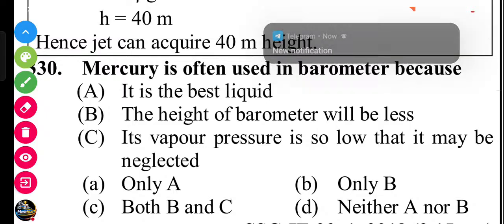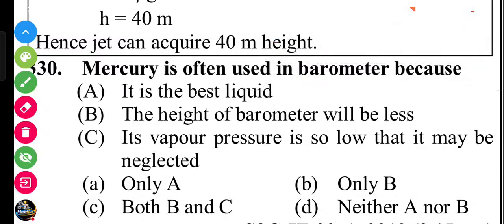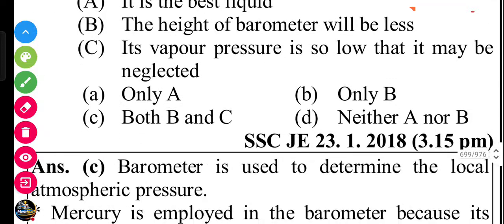Next question, friends. Mercury is often used in the barometer because it is a heavy liquid, the height of the barometer will be less, and its vapor pressure is so low that it may be neglected. B and C are both in the answer. Let's check.